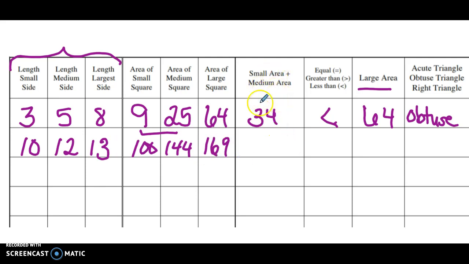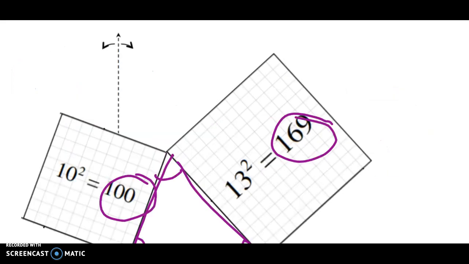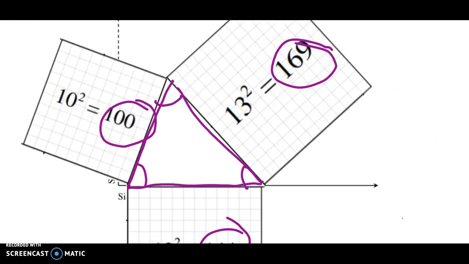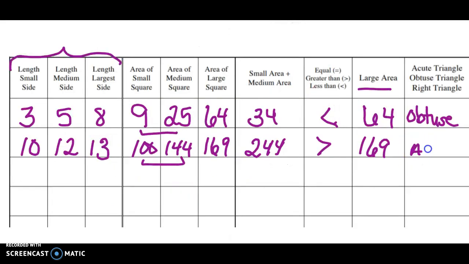Then I add the areas of the small and the medium, and I get 244. Compare that to the largest one, and 244 is definitely greater than 169. And remember, the triangle I actually created was an acute triangle because all three angles are less than 90 degrees.